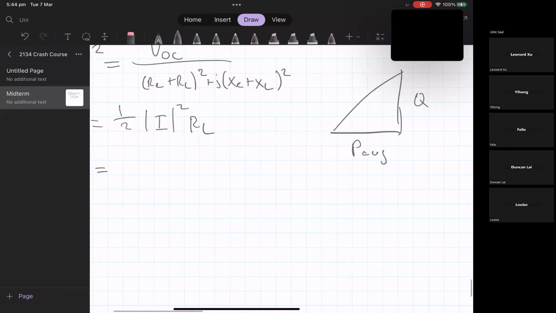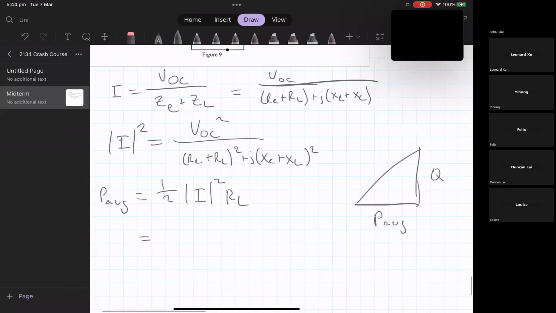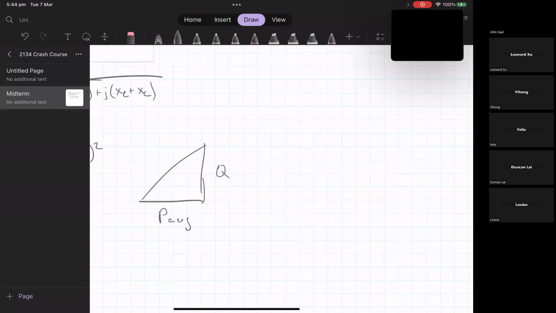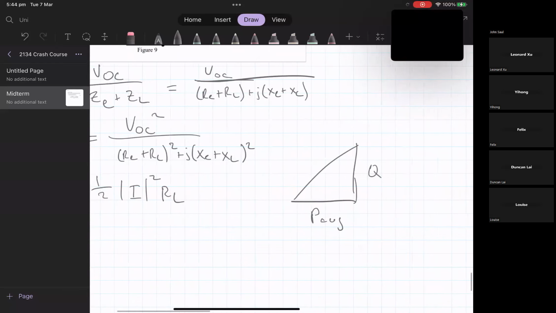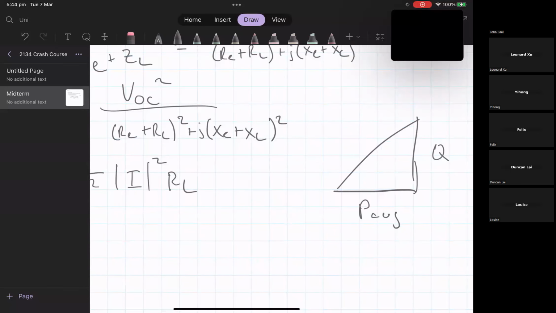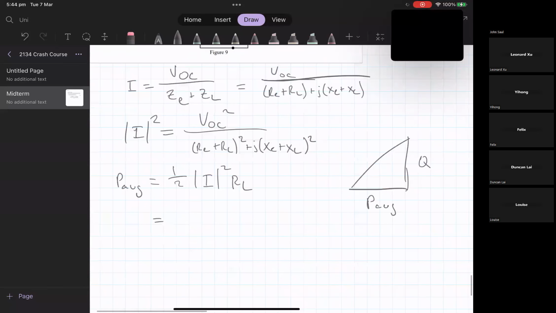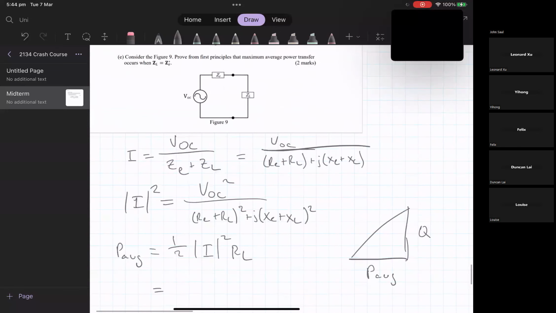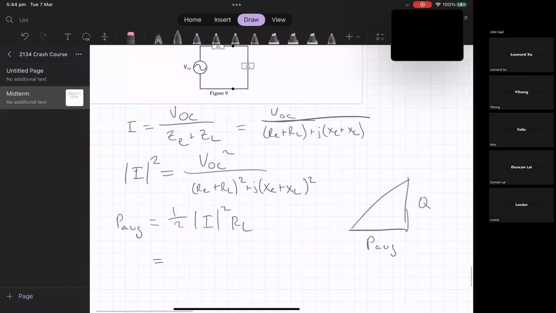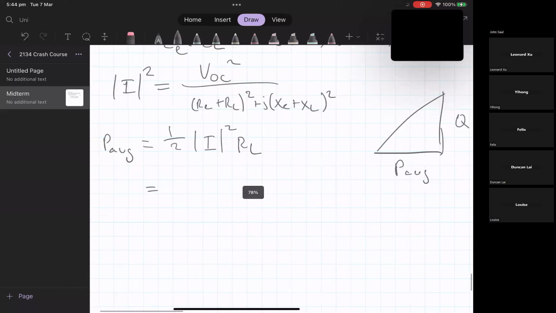So if we just use the real part of our load, ZL, the imaginary part will be all in terms of the reactance, XL. So in this case, we use RL and not ZL.